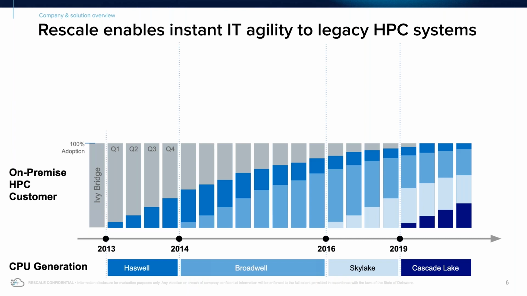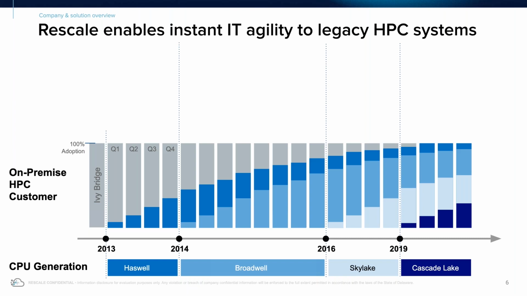What's the typical thing to happen? Once new processor architectures are available, are they all going to be replaced every quarter and made available to the users? No, most likely it's just going to be a portion of it, because you still have a resource with Ivy Bridge that you spent a lot of money and time to set up.